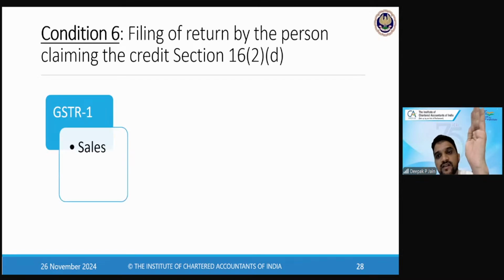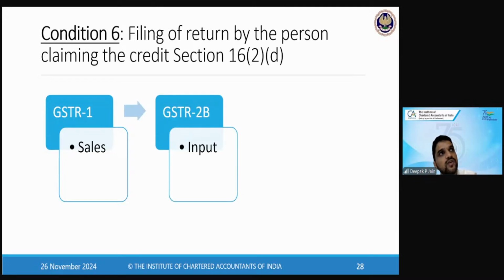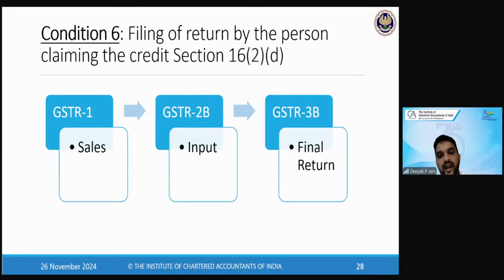In your GSTR 1, what will you do? You will report your sales. In GSTR 2B, you will get all your inputs, all your input tax credit, and whatever is in your 1, total of 1 minus what is correctly to be claimed in 2B, दोनों को minus करके you will file your GSTR 3B, which is the final return. You file this GSTR 3B return, only then you will get the credit. Okay.